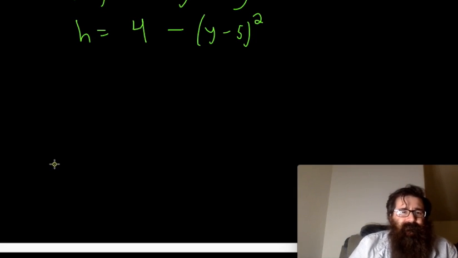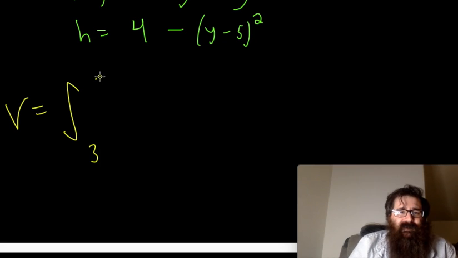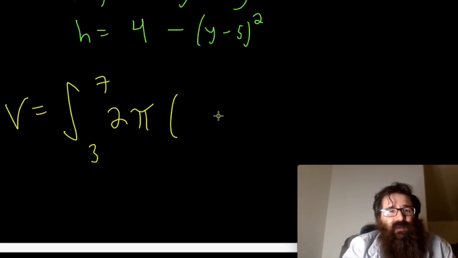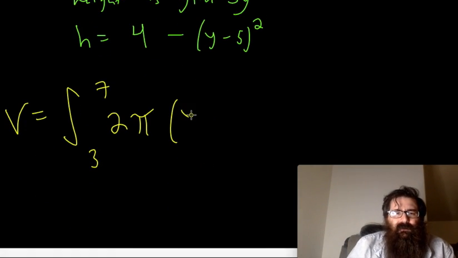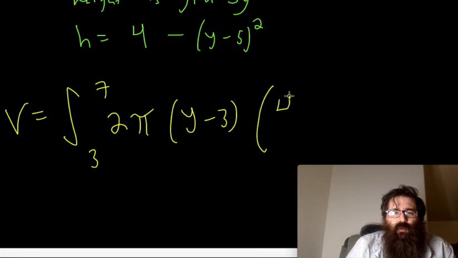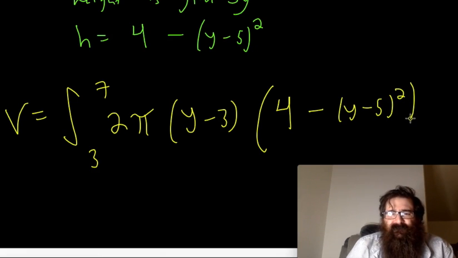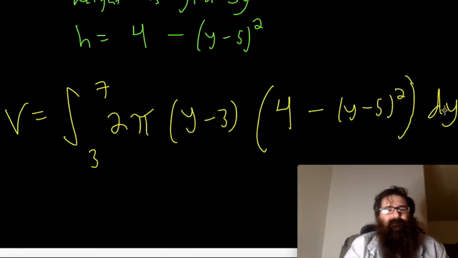So the volume is the integral from 3 to 7 of 2 times pi times the radius. We said the radius is y minus 3, times the height, which is 4 minus the quantity y minus 5 squared. And this integration is going to be with respect to y.